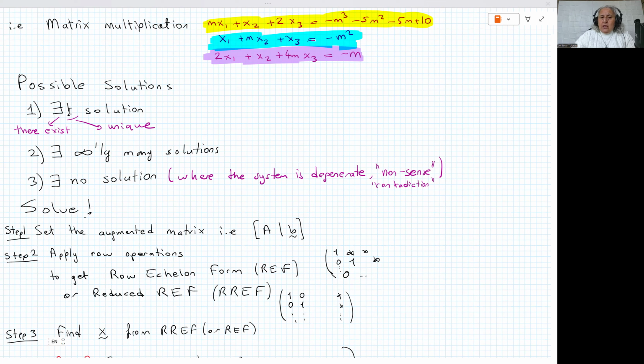Exist and unique are very common in maths notation, but this is the way that I write things down more quickly. If there is no solution, the system is degenerate. The system does not make sense. I will explain later in these questions what I mean by that.